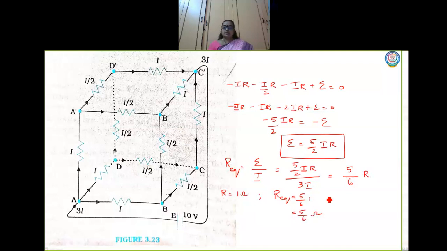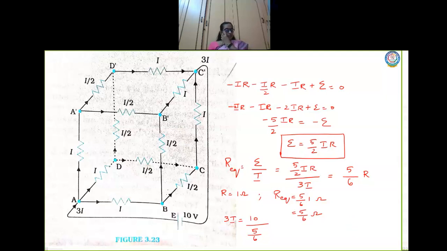Okay, next, now the total current is 3I. So 3I is equal to V by R. Now from this, I can calculate the current through each edge.